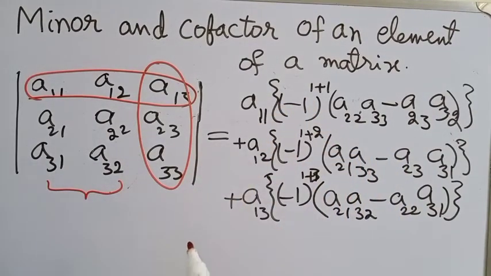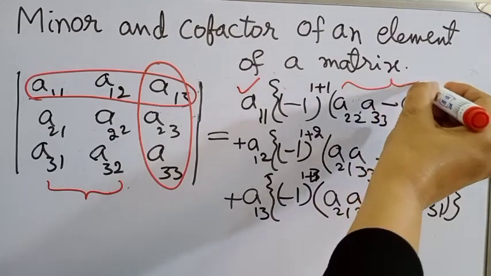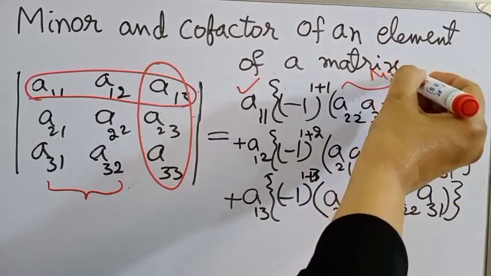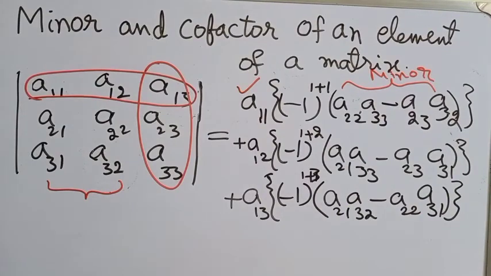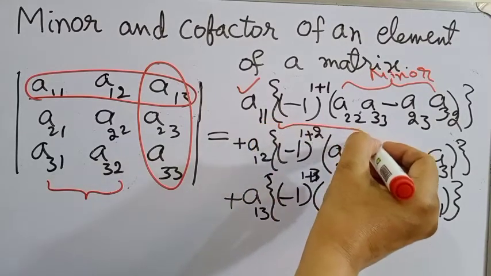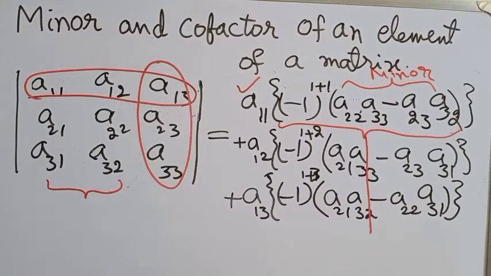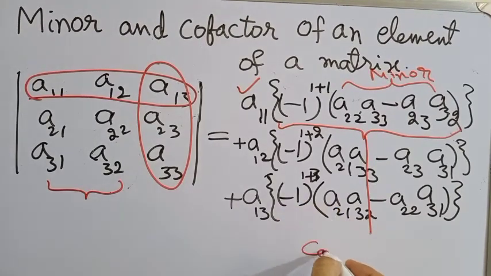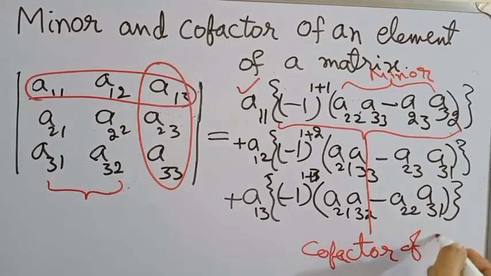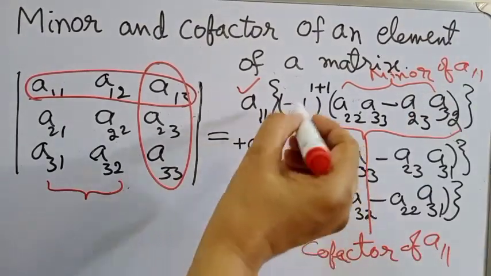For the element a11, this part is called minor, the minor of a11, and this entire part is called cofactor, the cofactor of a11. This is minor of a11 and this is cofactor of a11.